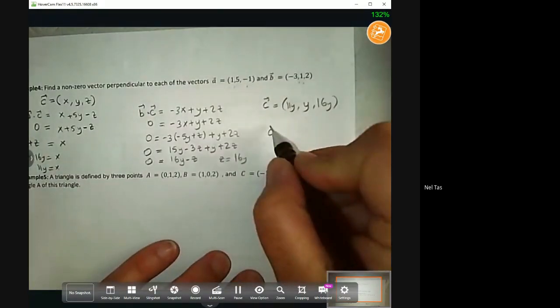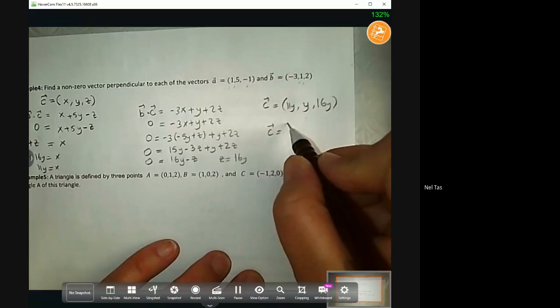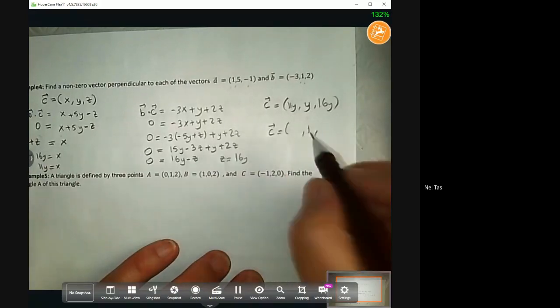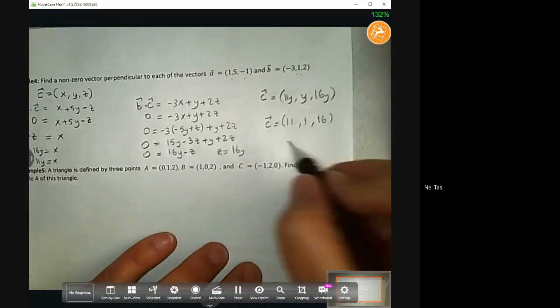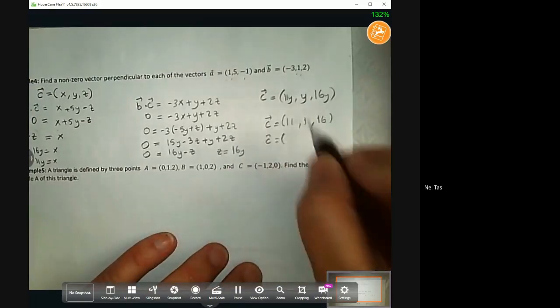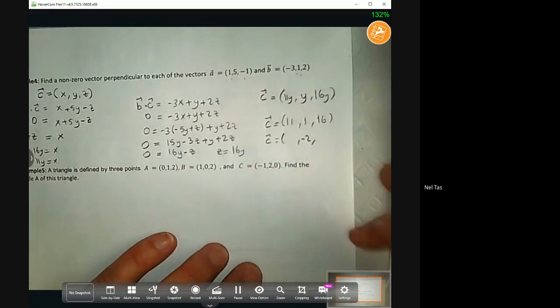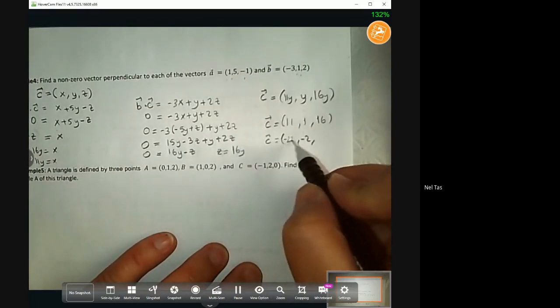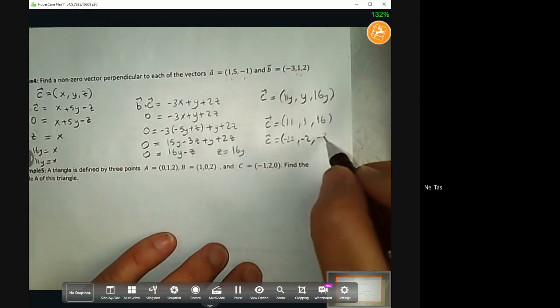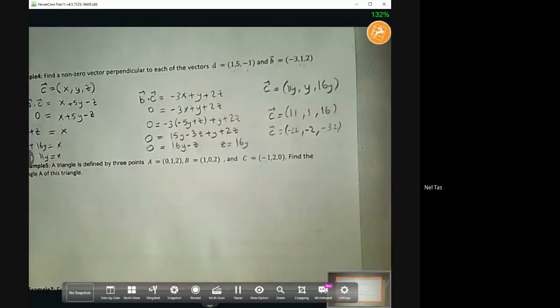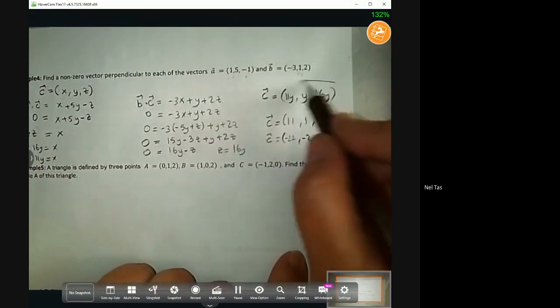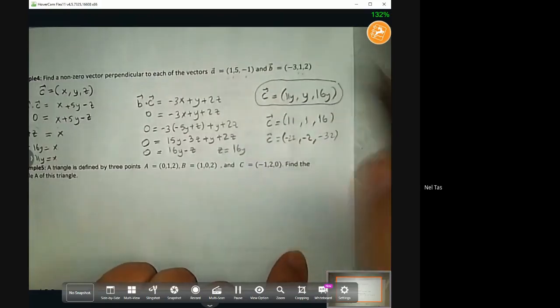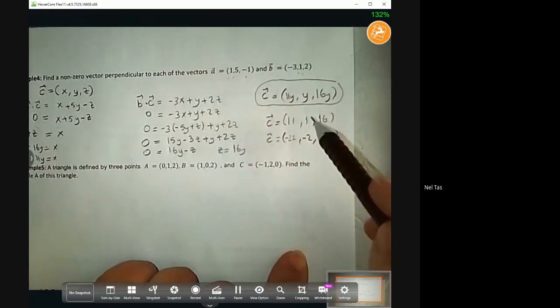Okay, so let's say if Y is 1, then X is 11 and Z is 16. If let's say Y is negative 2, X is negative 22 and Z is negative 32. Okay, you can come up with many different answers here. These are just 2 examples, but in general, that vector C, which is perpendicular to A and B, can be written like this.